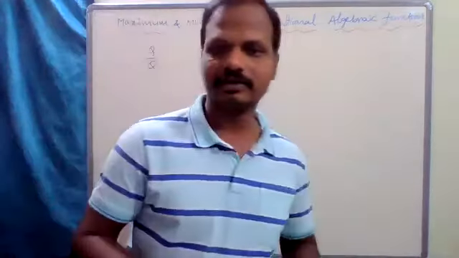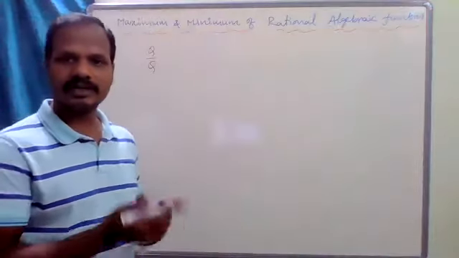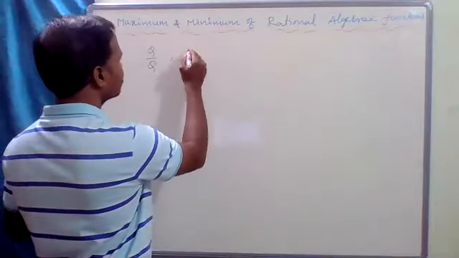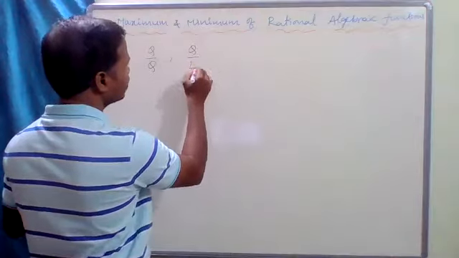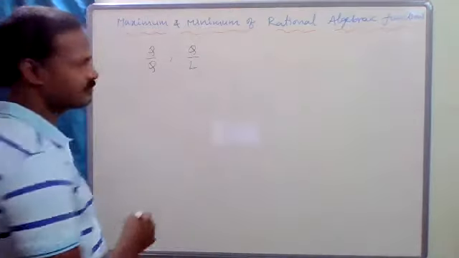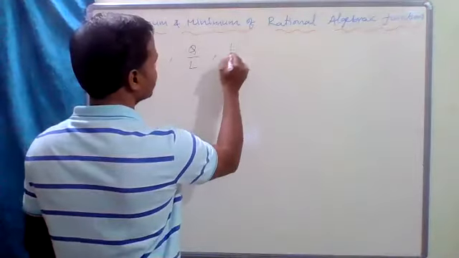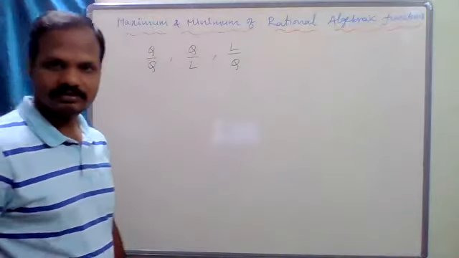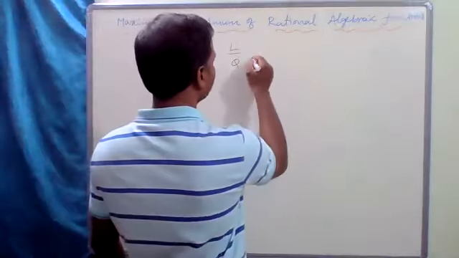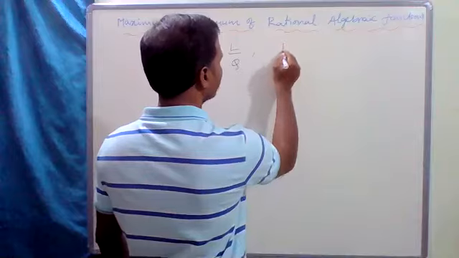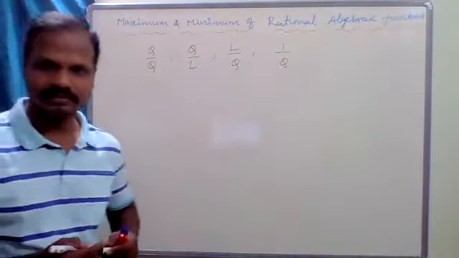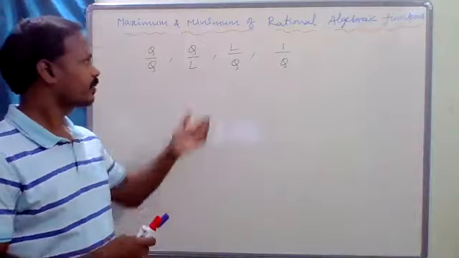A rational algebraic function means the numerator and denominator are both quadratic functions, or quadratic function by linear function, and linear function by quadratic function. Yes or no? And suppose 1 by quadratic function. Clear?